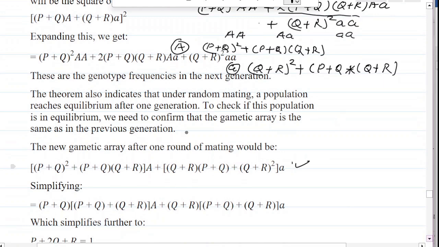If I want to simplify this, P plus Q square, P plus Q and Q plus R. If I simplify this term first, P plus Q whole square plus, I just multiply these terms.